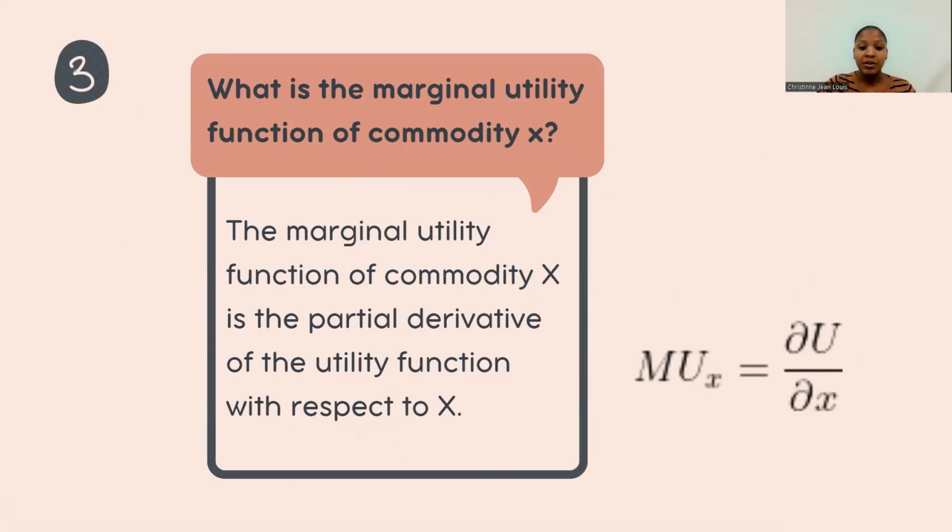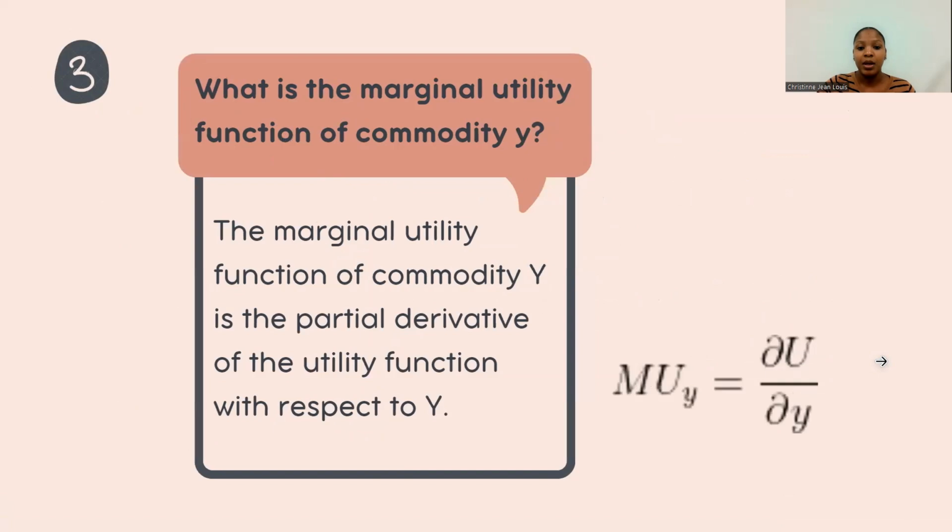The marginal utility function of commodity X is the partial derivative of the utility function with respect to X. MUX equals the partial derivative of U, which is the utility function, over the partial derivative of X. And equally, the marginal utility function of commodity Y is the partial derivative of the utility function with respect to Y. As you can see, MUY equals the partial derivative of U, the utility function, over the partial derivative of Y.